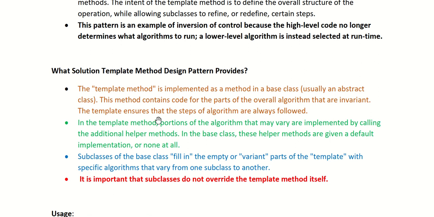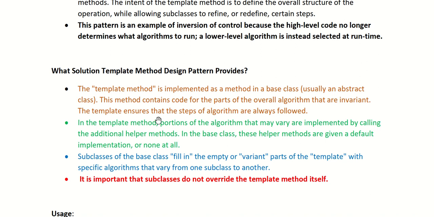But as per the client's requirement, there are some variant steps. When it comes to generating the report, a report can be generated in PDF format, in xlx format, or in any other format the user wants.